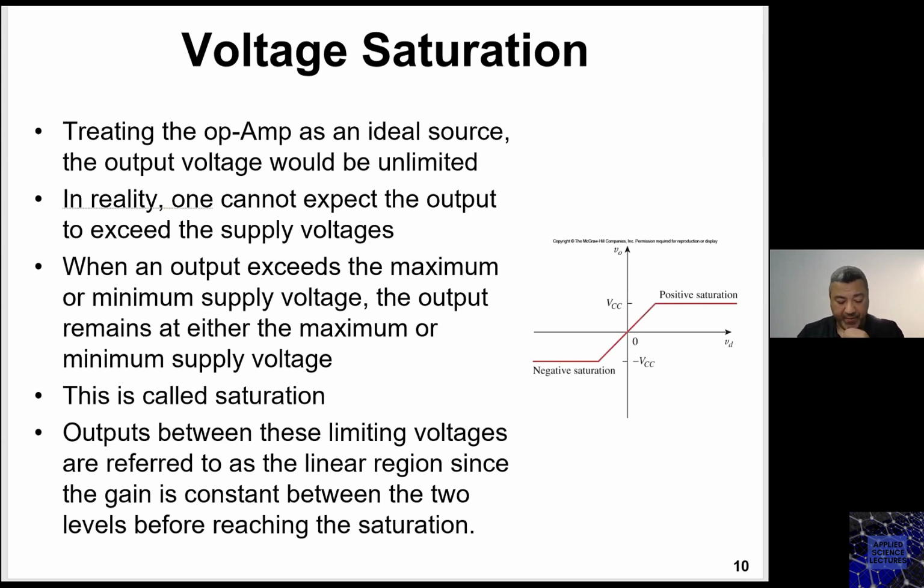Now we come to what's called the voltage saturation. I think we talked about this briefly when I told you that the operational amplifier cannot supply a voltage that is beyond the maximum or minimum voltages that you are supplying. In other words, you can look at the operational amplifier as a device that you are supplying with a DC voltage that has a maximum, in the positive values, and a minimum, in its negative values.